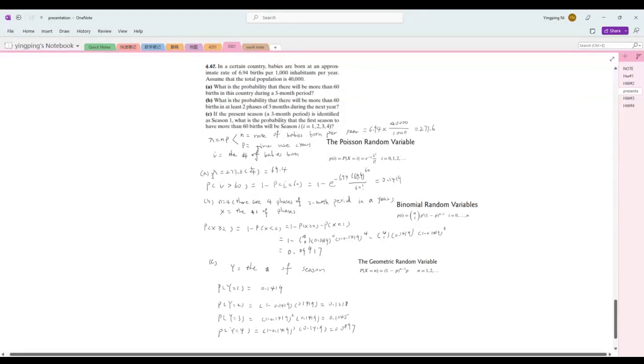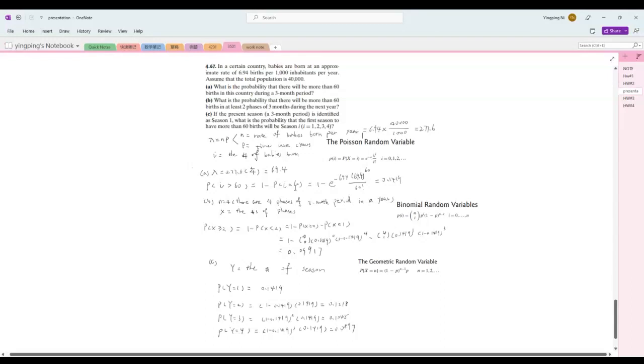So for question A, the lambda is equal to n times p. The p for question A is 1/4, so the lambda is 69.4, and the probability of i greater than 60 is 1 minus p.